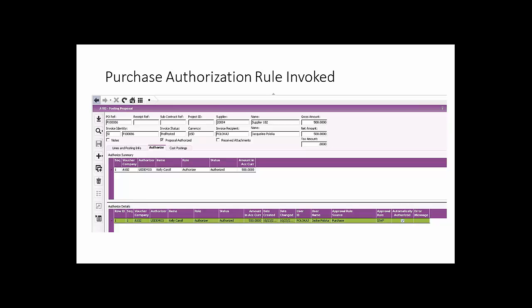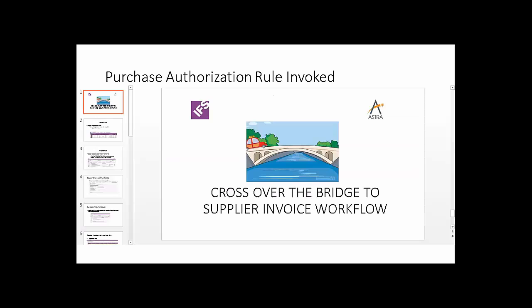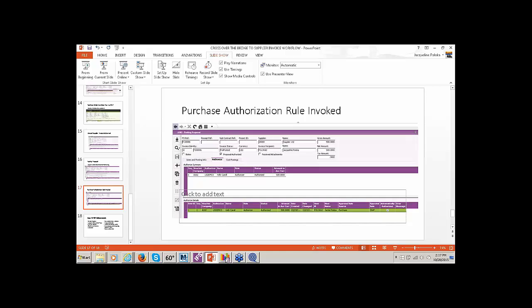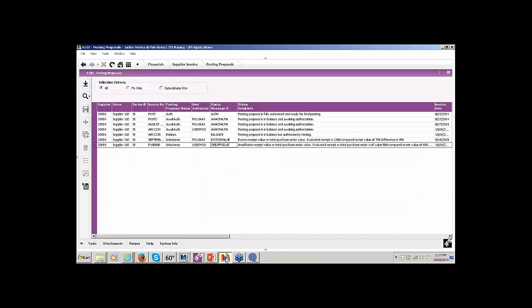Now I'm going to change over to the application and just show you how some of the posting proposals work in conjunction with the data entry that we had. So here is the overview of all the posting proposals that were out there.